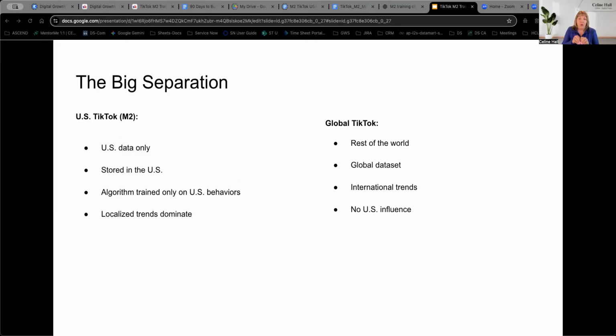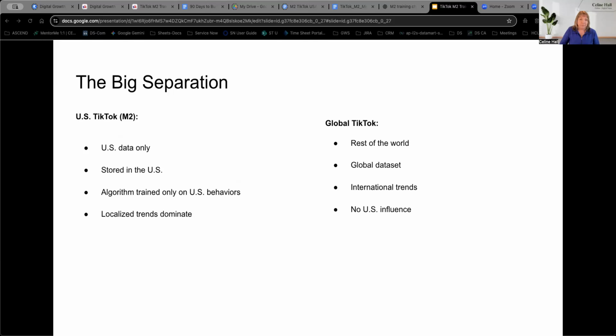The audience, the likes, the shares, the watch is all within the US. So that means trends will look different. It's going to look very different for you, and it's going to be very hyper localized.